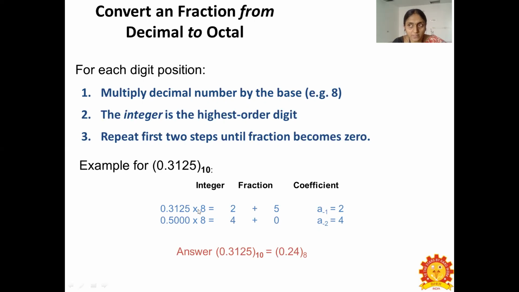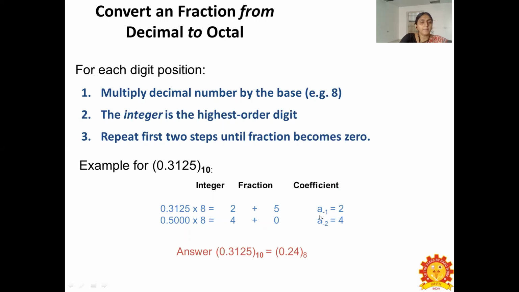Since we need to convert into octal and it is a fractional value, we multiply by the base of the destination number format system. So here 0.3125 times 8, where you get the part before the decimal point as 2, the integer part, and the fractional part is separated as 5.